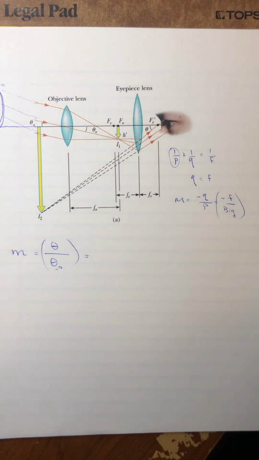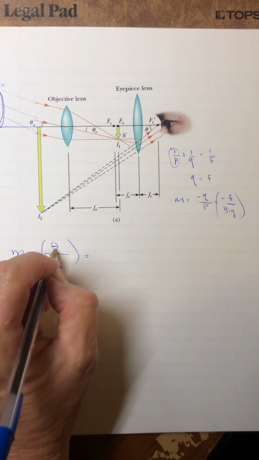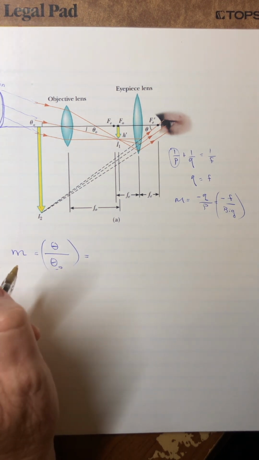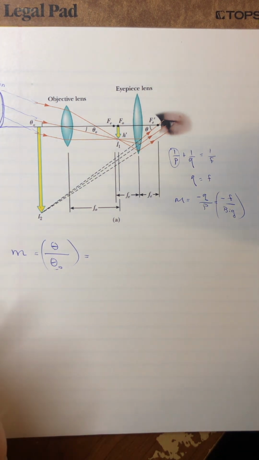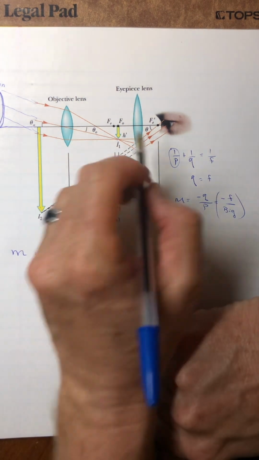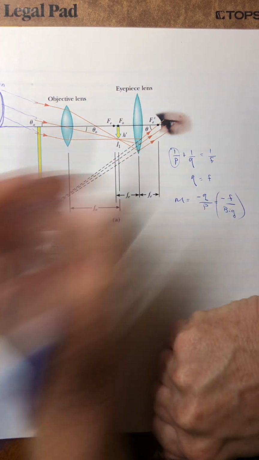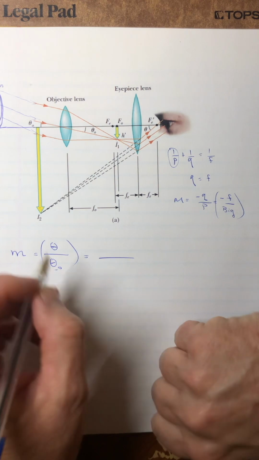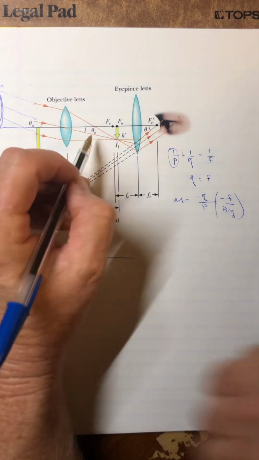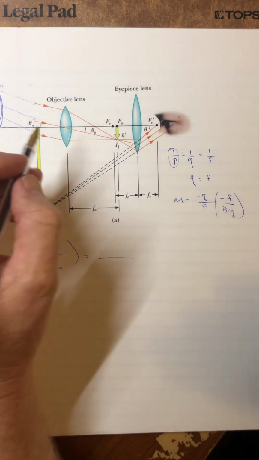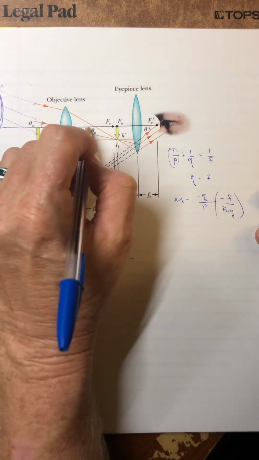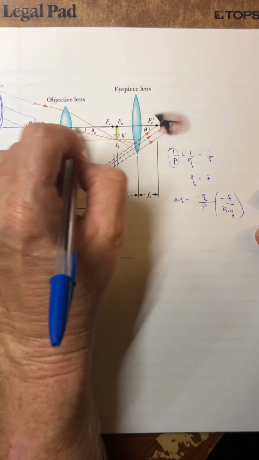Now, this theta would look something like this. You can kind of see it in this picture. Actually, maybe I should start with the theta naught. So the light comes in from the theta naught and makes an image right here.